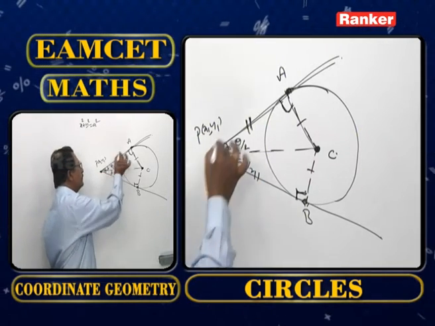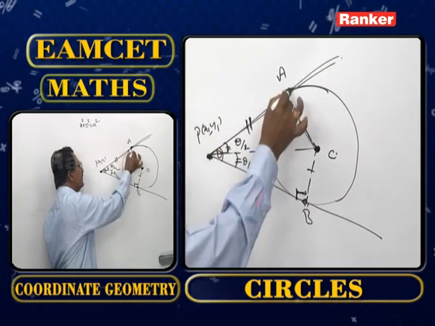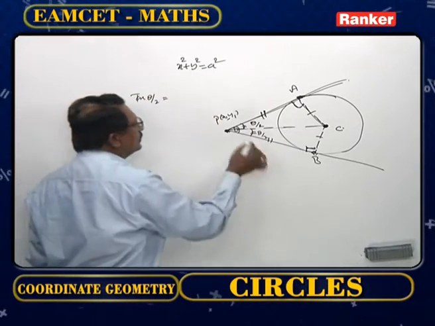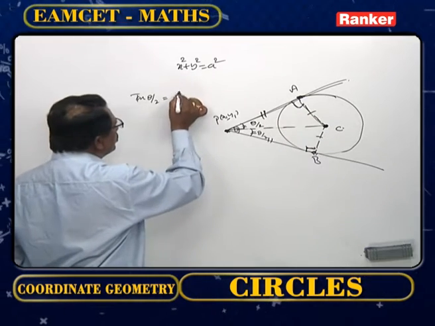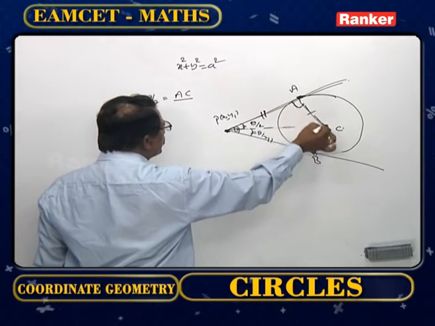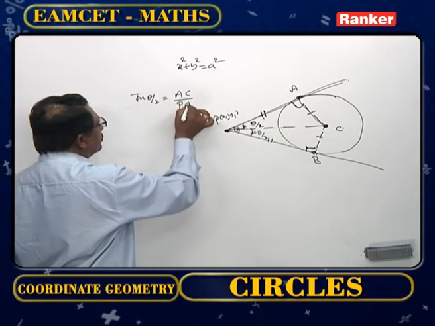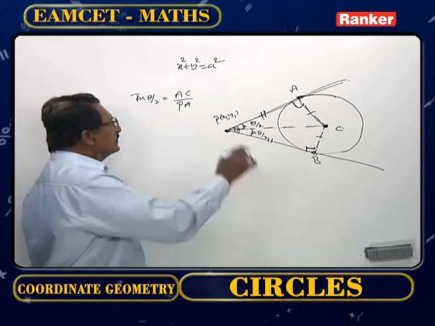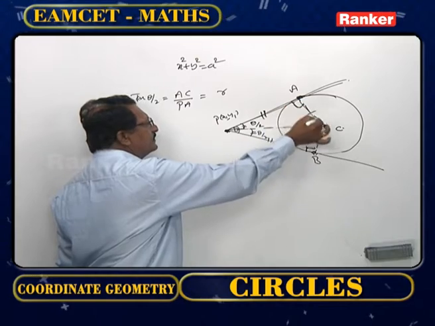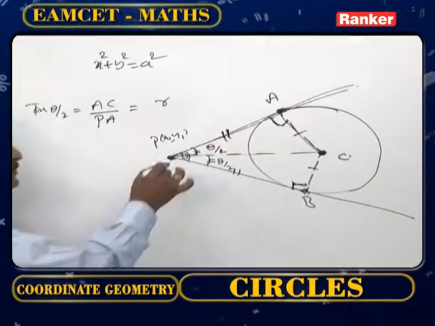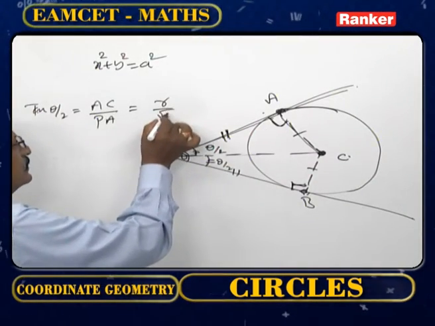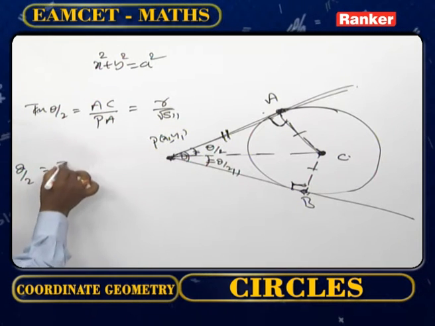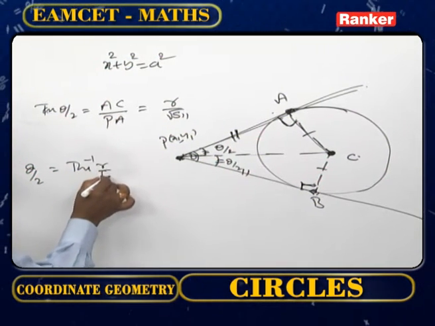Now in triangle PAC, tan theta by 2 equals opposite side by adjacent side, AC by PA. AC is the radius of the circle, and PA is the length of the tangent, root S11. Now theta by 2 equals tan inverse of R by root S11.